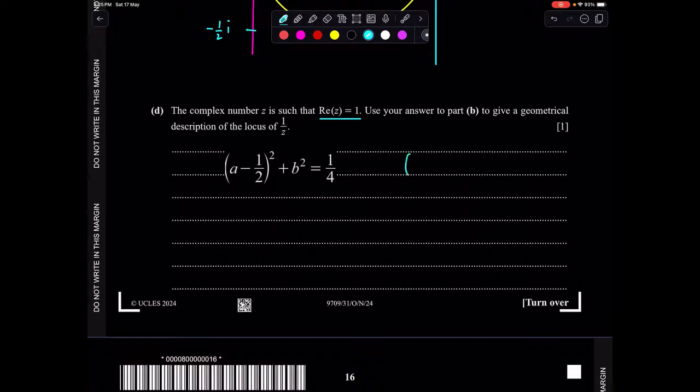Let me give you a reference. First reference of P1, circles: x minus a whole square plus y minus b whole square is equal to r square. This equation is similar to this. Now let me convert this into that form. a is half, b minus 0 square whole and 1 upon 4.